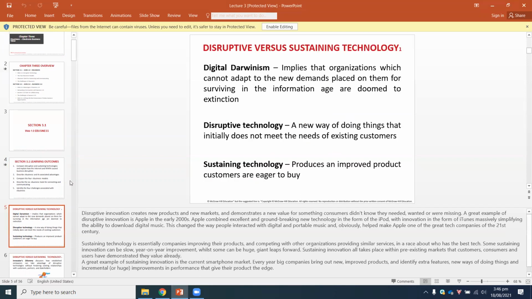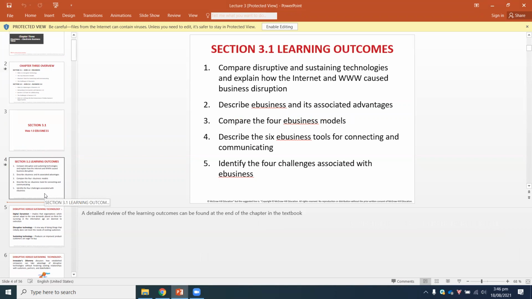Do note this down. Moreover, you should be able to give some advantages and disadvantages of electronic businesses. Furthermore, you should be able to explain the 4 e-business models: business to business, business to consumer, consumer to business, and consumer to consumer. And then you should be able to describe these 6 business tools for connecting and communicating.